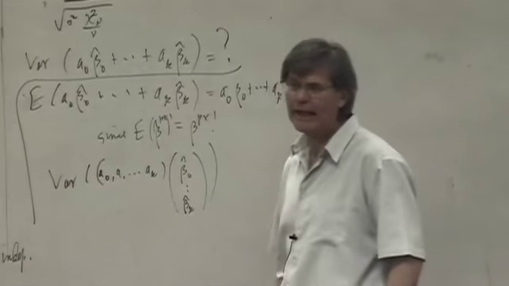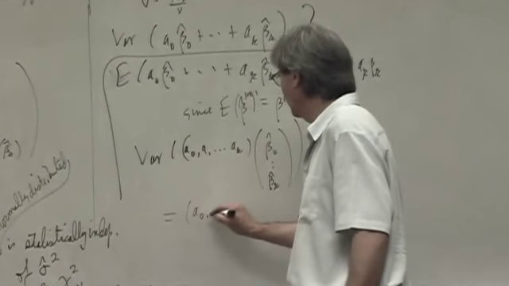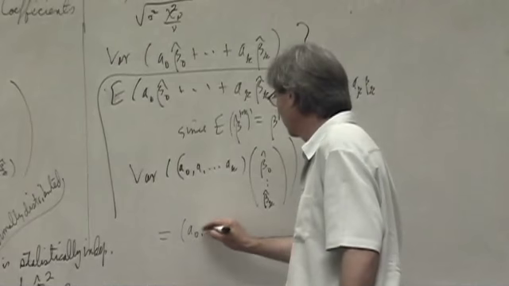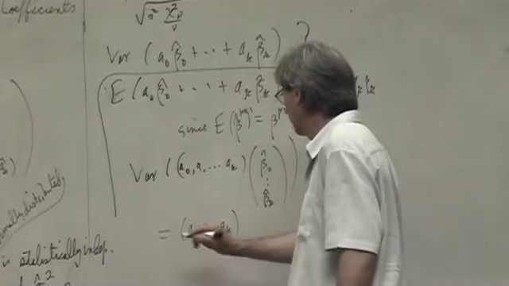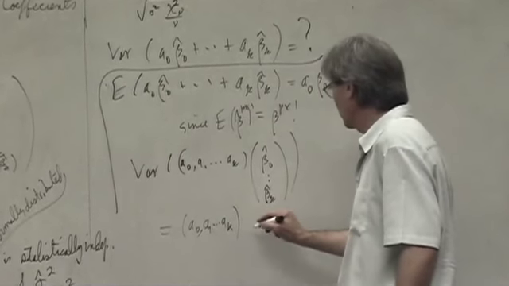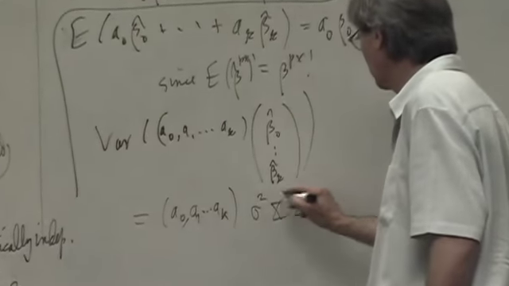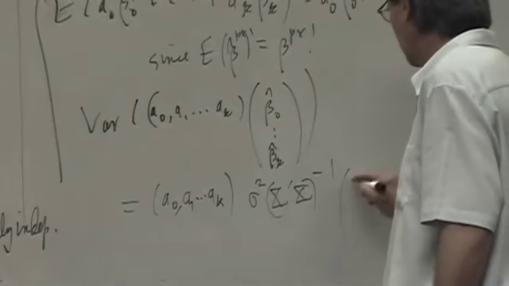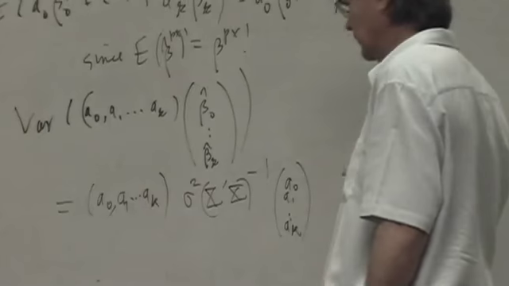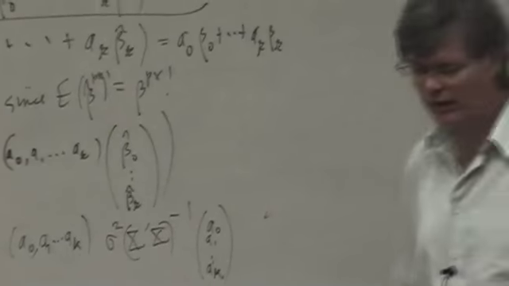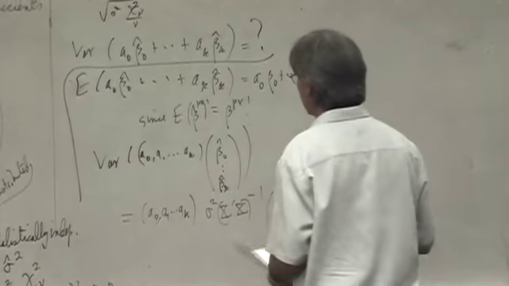Now I'm going to use the trick again. So take the A0, A1 up to AK vector, times the variance covariance matrix here, which would be sigma squared times X prime X inverse, and then take the A0, A1 down to AK back again like this. That would be a formula for the variance of this linear combination of the betas.